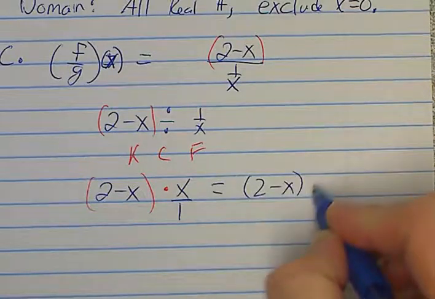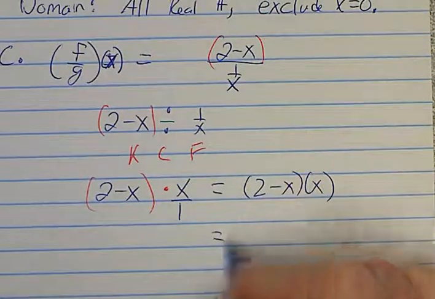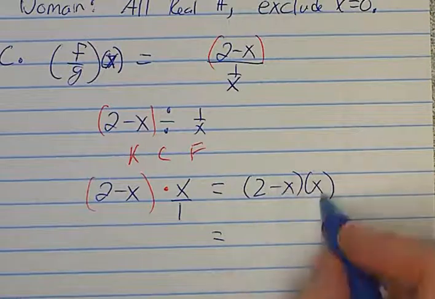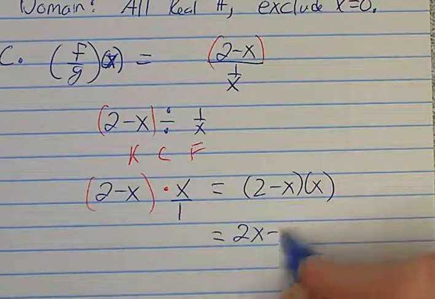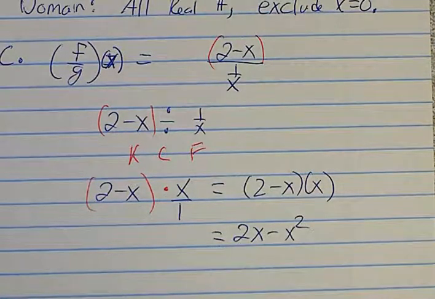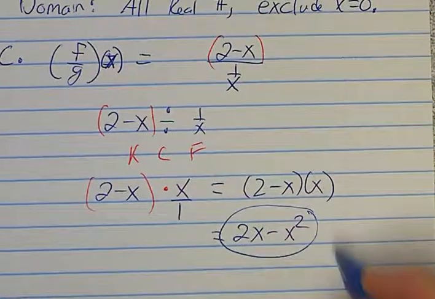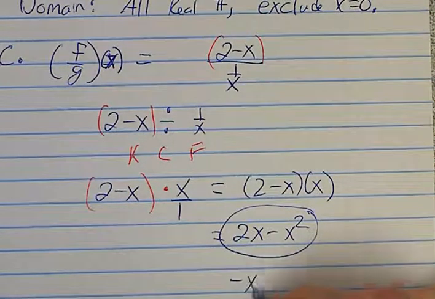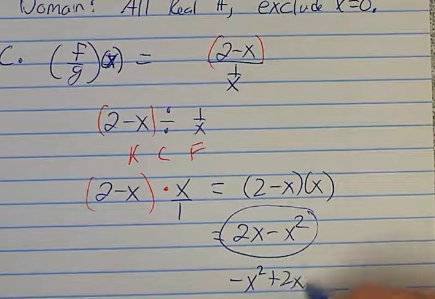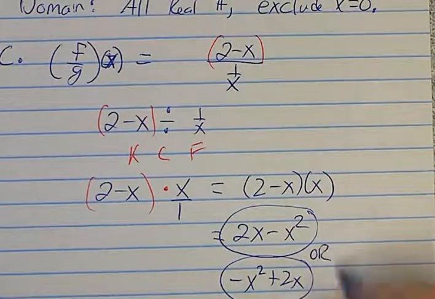So that's 2 minus x times x. So multiplying both of these by x, that's 2x minus x squared, so that's our final answer. Or again, if you want to put that in descending order, we can have that answer.